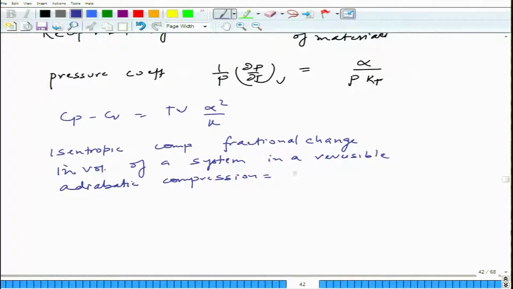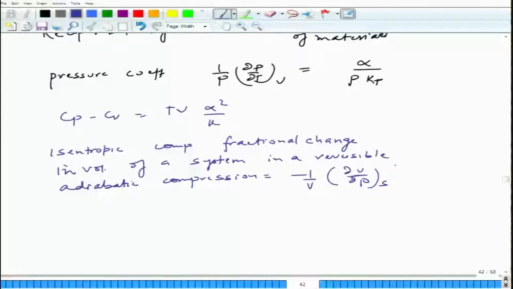This is minus 1 by V del V by del P at constant entropy, because reversible adiabatic means entropy constant. You can show that this is nothing but Cv by Cp multiplied by K. So you can connect all these things to measurable quantities, whatever you desire.